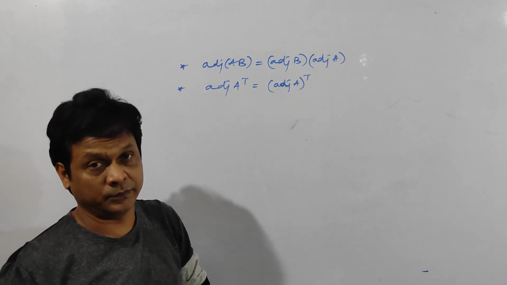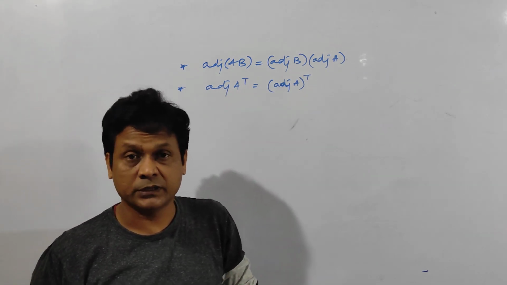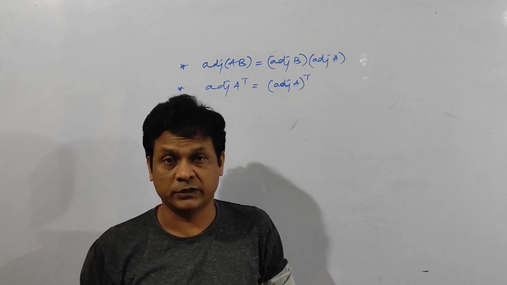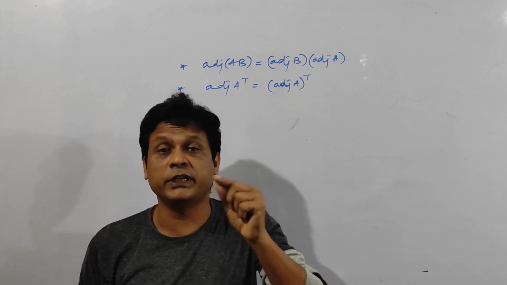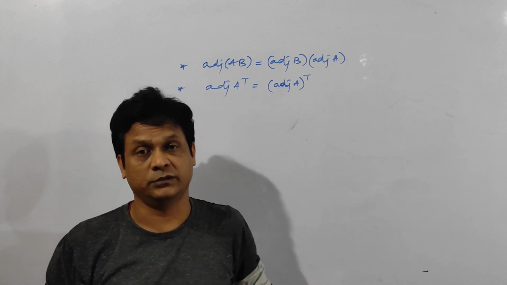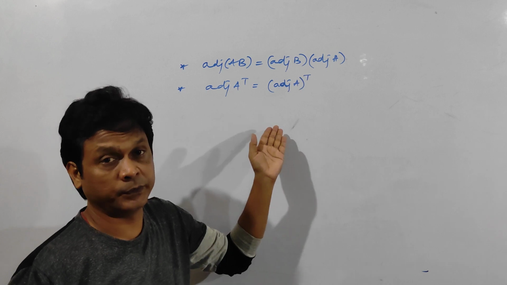Here, in the exam, two properties of inverse and two properties of adjoint are given. And the question will be which property is correct or which one is wrong. So that means you have to remember all these properties.